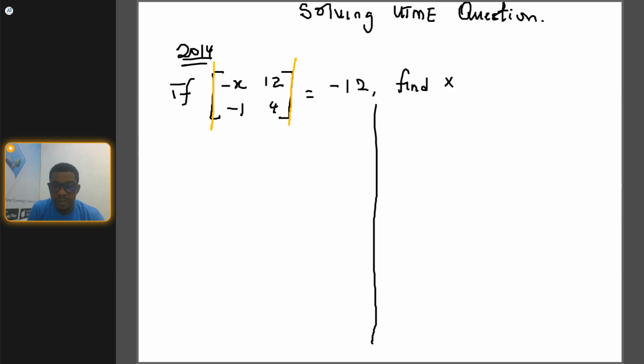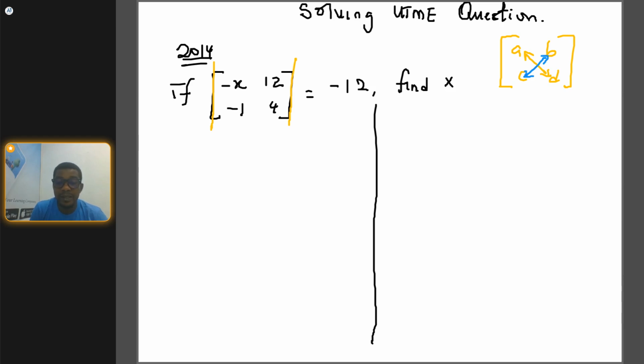Take note that to get the determinant of a 2 by 2 matrix, what you do is to take the difference of the product of the major diagonal minus the product of the minor diagonal.